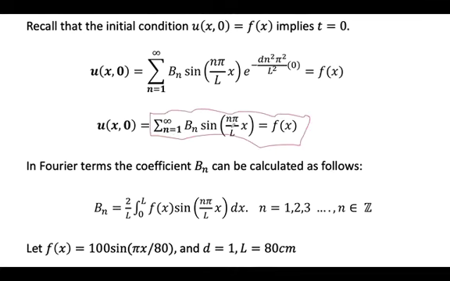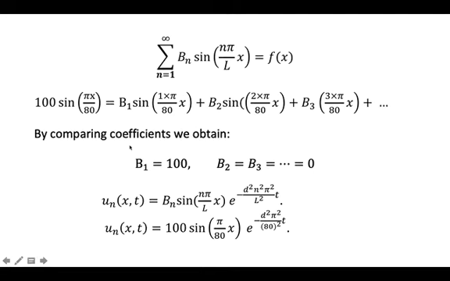When we place f of x equal to 100 sine pi x over 80, we try to write the summation: b1 sine, n equal to 1, into pi over 80 x, plus b2, where n becomes 2, sine of 2 pi over 80 x, plus b3, where n becomes 3, 3 pi over 80 x, plus so on.